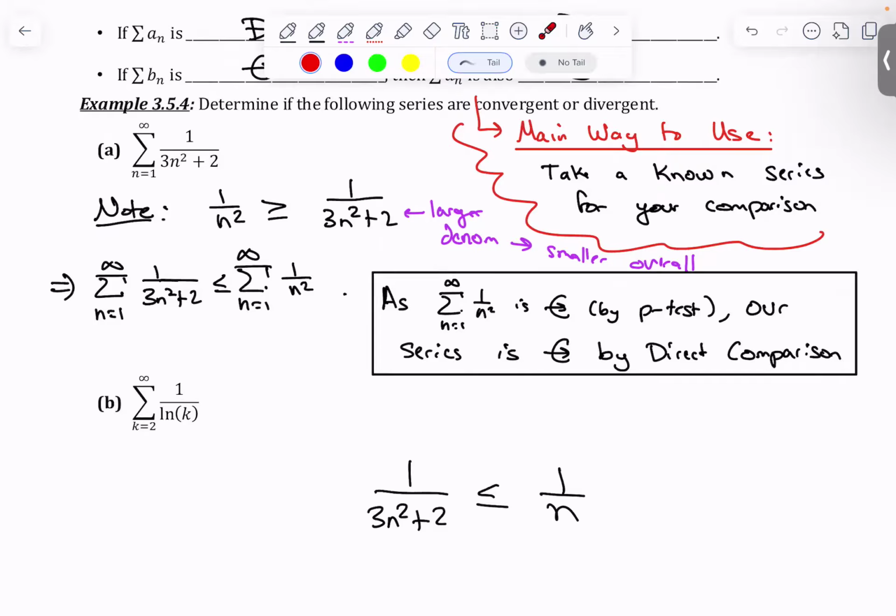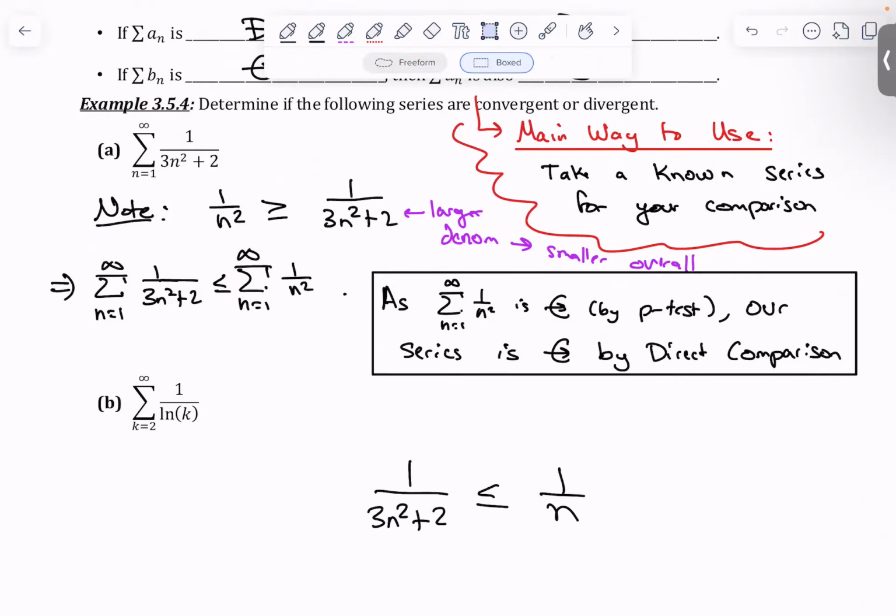Does anybody need me to explain that in a different way? Yeah. Okay. So this is divergent. We've proved that with the p-test. But just because this is divergent, that just means that this thing is less than or equal to infinity. It has no idea whether or not this is finite. So it doesn't do what we need it to do.